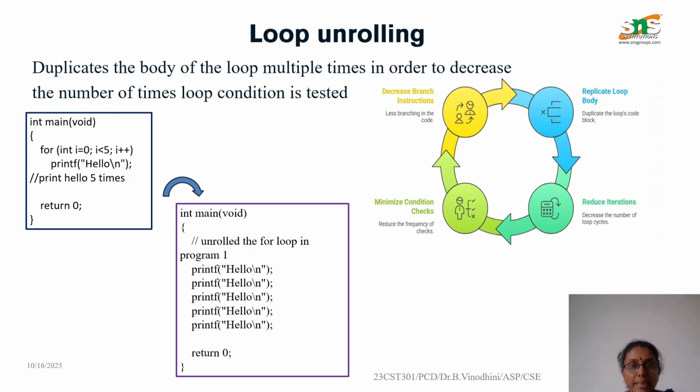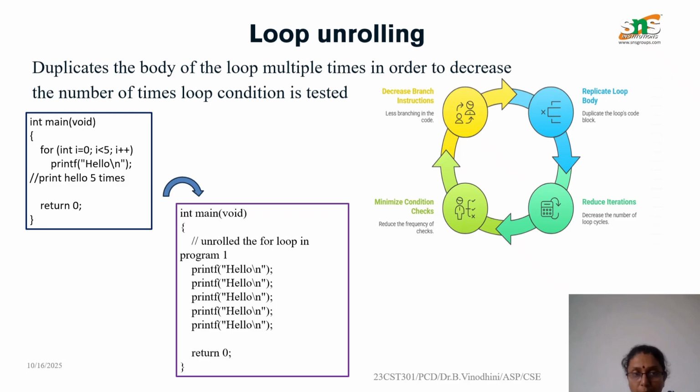So instead of testing the condition repeatedly, we duplicate the body of the loop multiple times. For example, we have code in a for loop where "hello world" is printed 5 times.